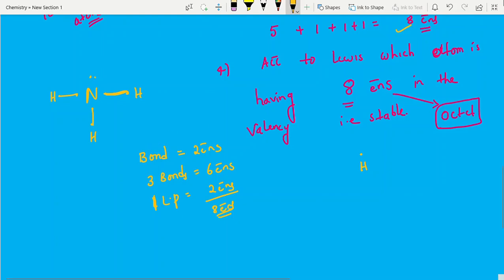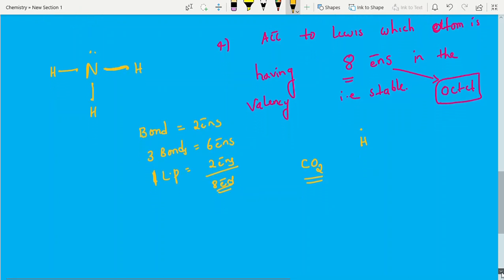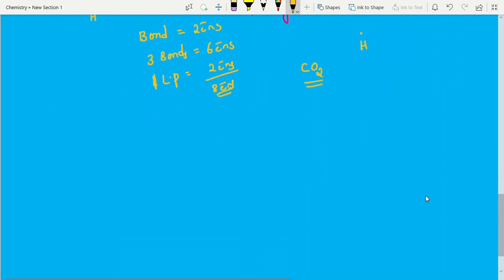Clear? Now, next one. Try to write CO2 molecule. Around carbon, we have 4 electrons because carbon is a group 14 element.